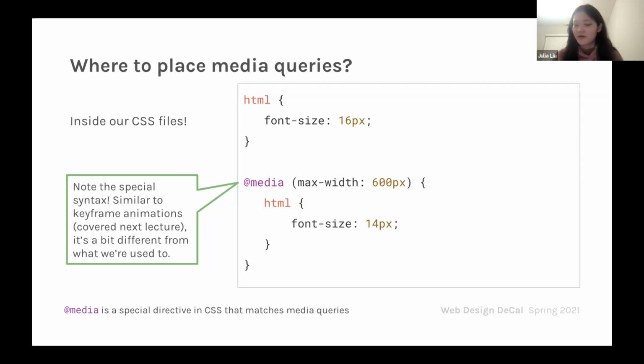This is a bit different from the CSS syntax that we're used to, in that it's not just the selector and then curly braces and then the style inside. The style as a whole is inside another bracket that dictates this special directive. So @media is a special directive in CSS that matches the media queries, and this is the general syntax for that.